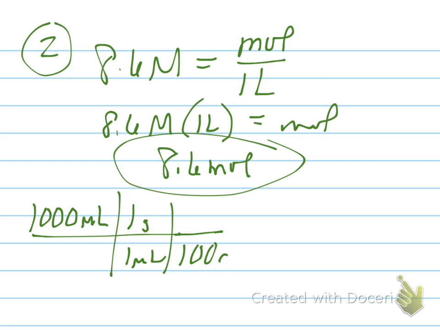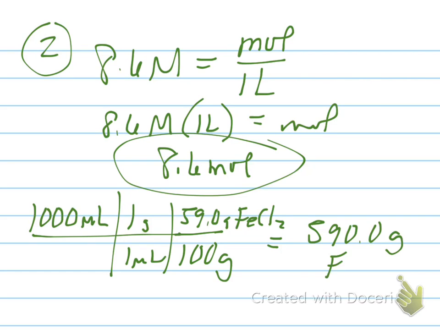In every 100 grams of water, I can dissolve 59 grams of the iron 2 chloride. Okay, so that gives me 590 grams of iron 2 chloride in a liter of this saturated solution.